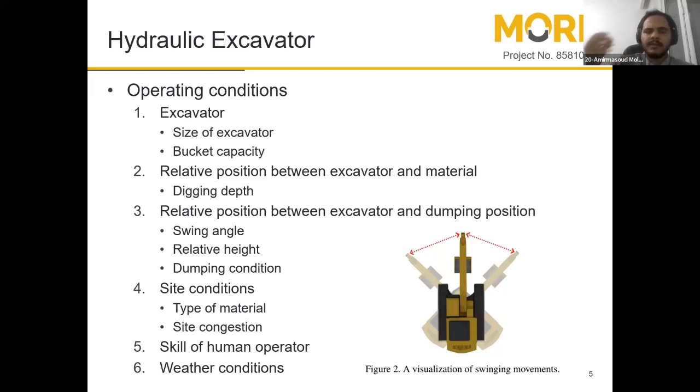Also, type of the material and site congestion, skill of the human operator, and weather condition are other factors and parameters that can influence the productivity of the excavator in the excavation operation. Probably you heard other wording for the excavation operation, such as loading operation or dig and dump operation.